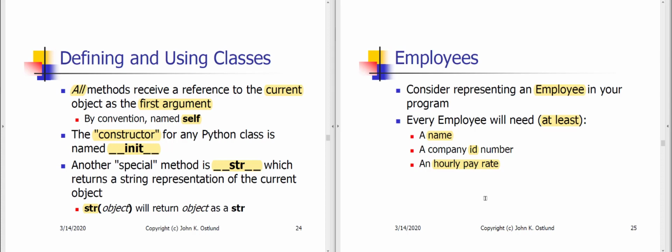Now, in real life, of course, there's a ton of other things that we would like to know about each employee, like social security number, home address, home phone, cell phone, on and on and on. But to illustrate what's going on with classes, it's enough for us to know that for each employee, we're going to have these three data attributes. Okay?